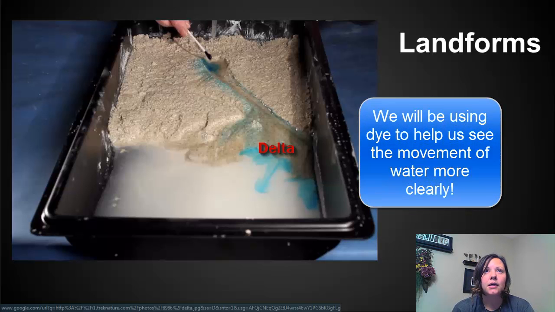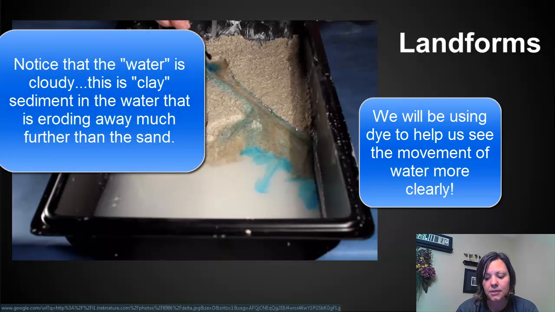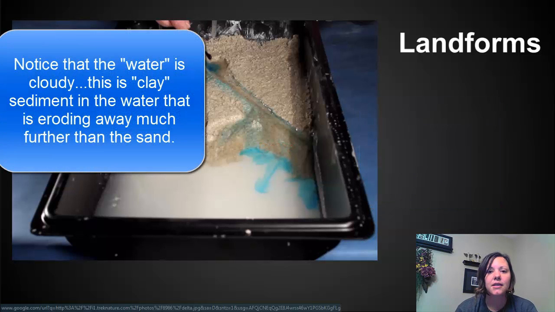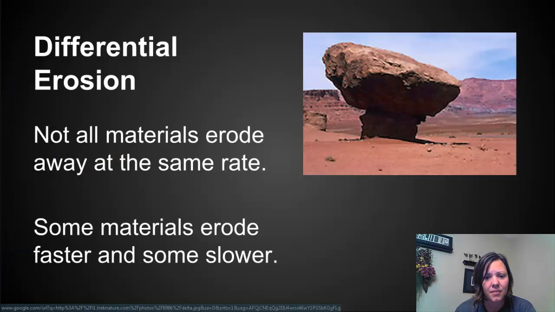You'll learn that some sediments are carried further away just because of their size, and we're going to pay attention to those things in our stream table experiments. The last thing I want to make sure we clearly understand is that not all rock or sediment is eroded away at the same rate, so we'll be talking about differential erosion. Certain rocks do erode at a slower rate than others.